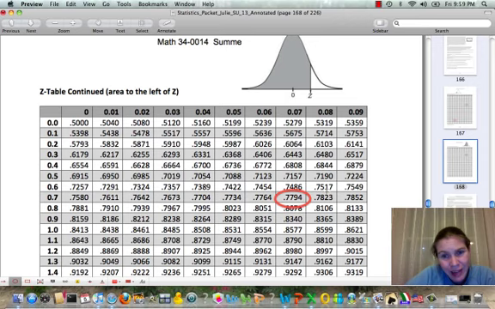So in this case, 0.7486 would be a little bit closer to 0.75, so we can circle that as our z-score that corresponds to 75%, and that would go with a z-score of 0.67.